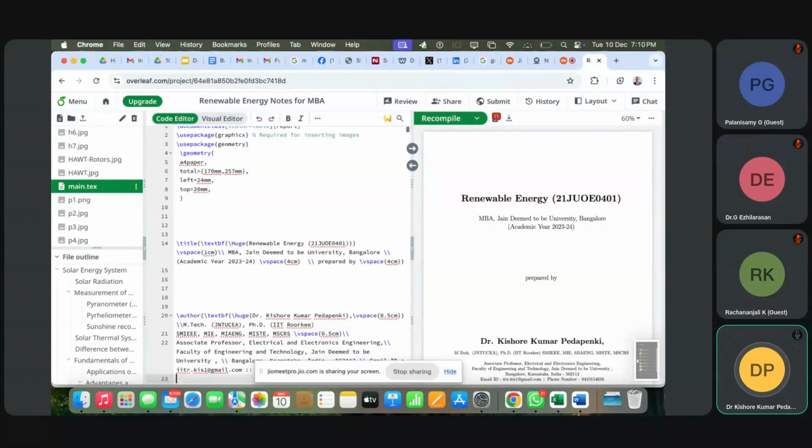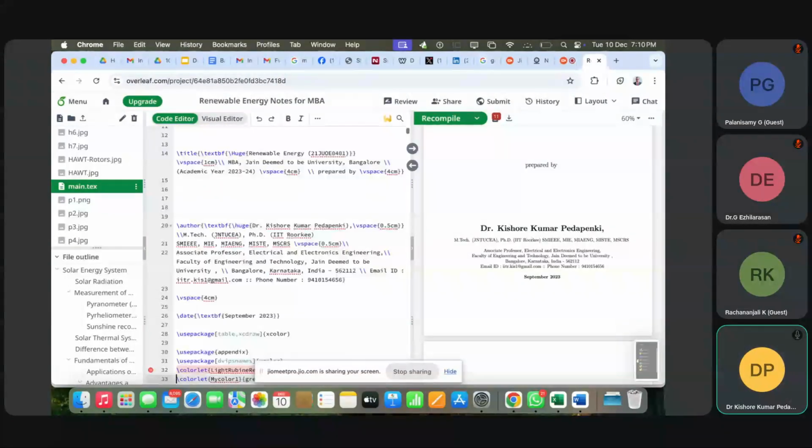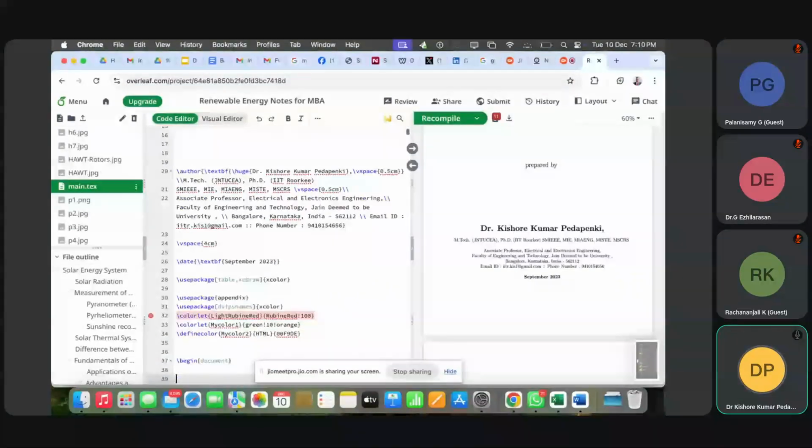See how nicely I have portrayed my name, designations, and you can observe this. Everything will be done by this one only. You can give small, big, bold, slant, I mean italics, whatever you want, you can give it. So anyhow, I will show you what exactly the thing is for every class. All these are user packages. No need to worry.